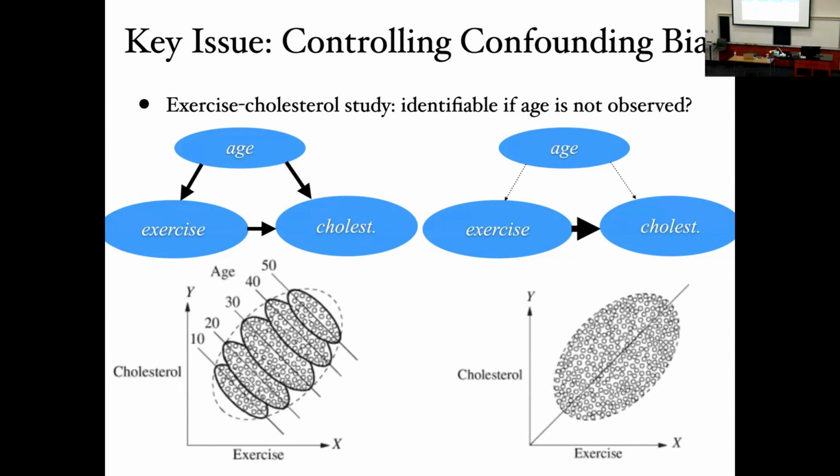So it's not identifiable because we can include age and have different structure. No, the structure is always given in identification of causal effects.